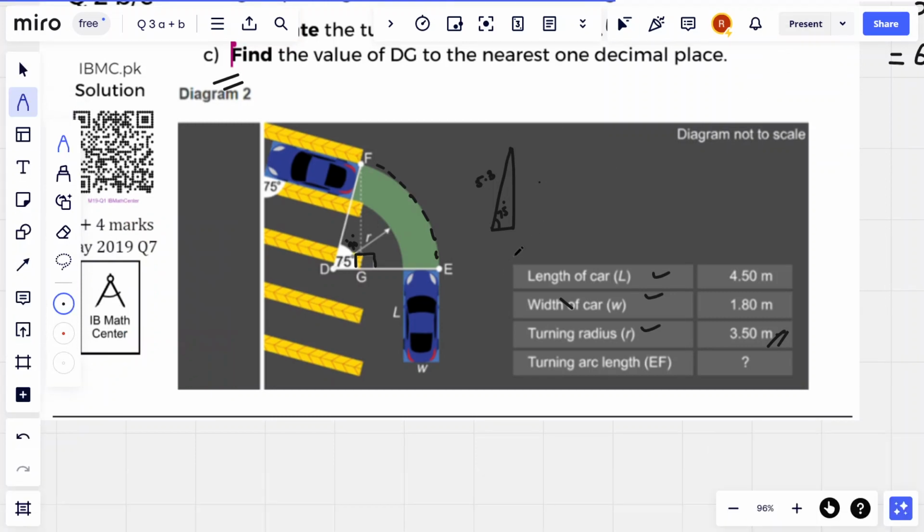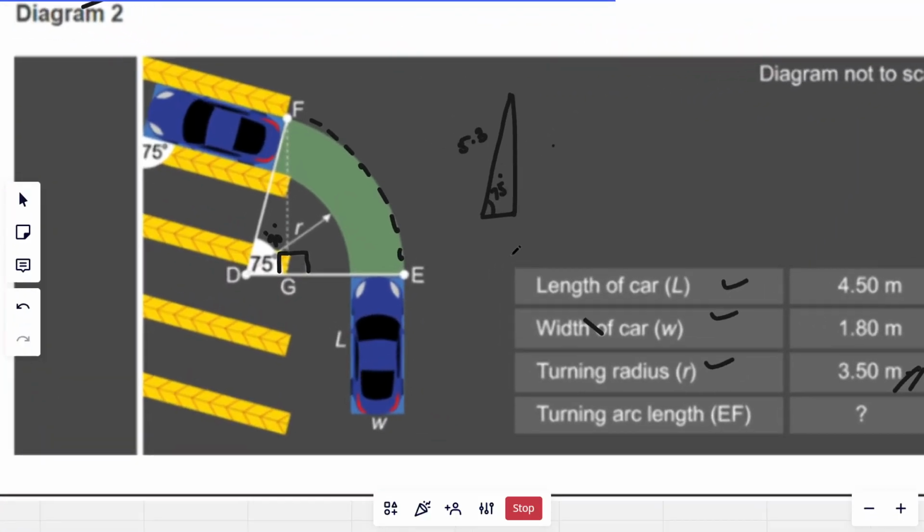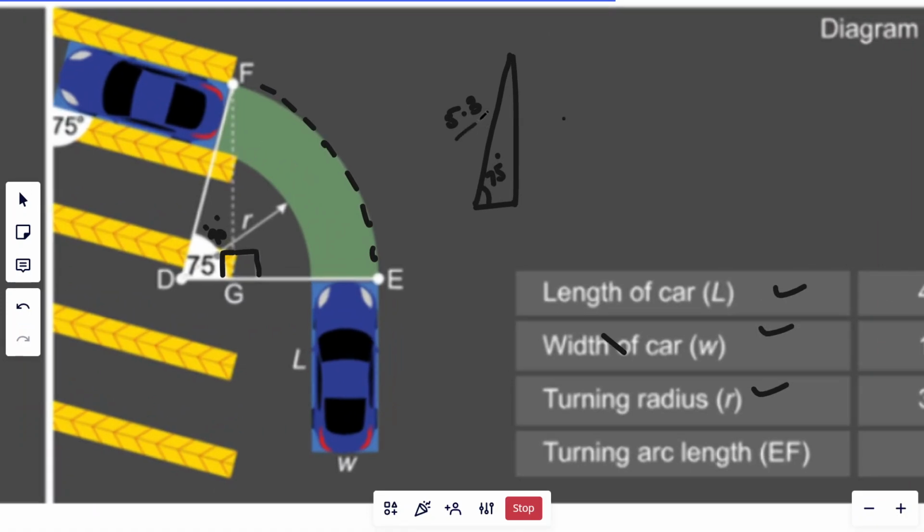So we know the hypotenuse. We know the angle that is suspended, which is 75 degrees, and we can now use trigonometric ratios to find this base, which is D to G.